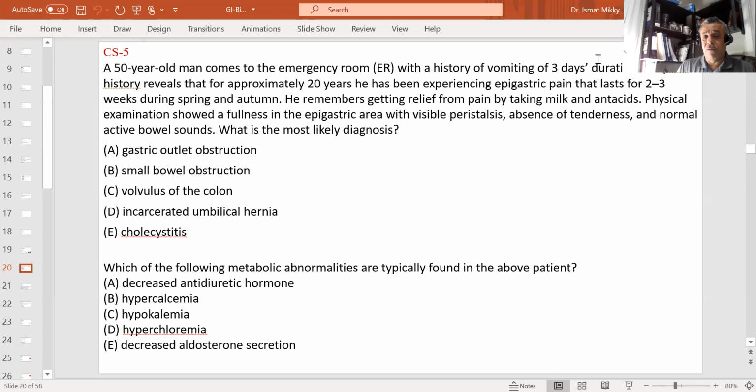Which of the following metabolic abnormalities are typically found in the above patient? Hypokalemia. With persistent vomiting, the patient becomes dehydrated and hypovolemic.